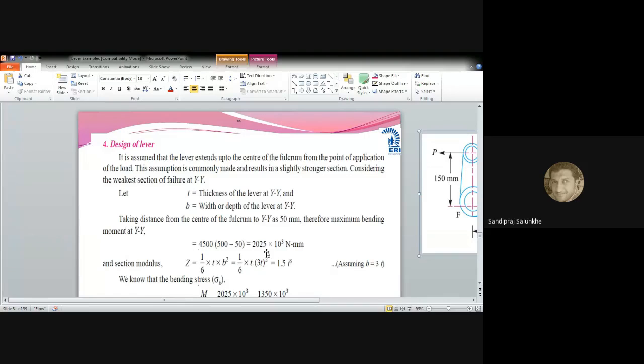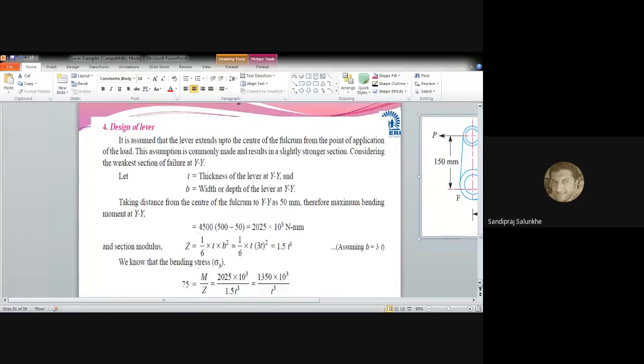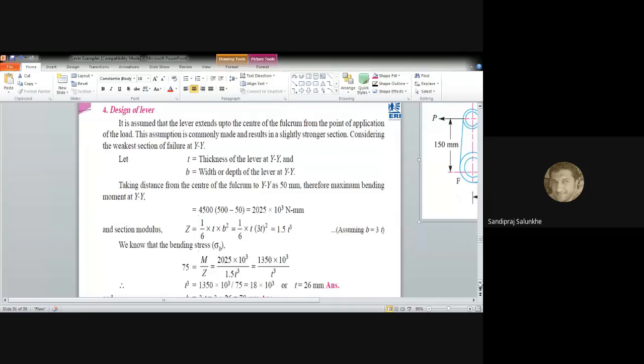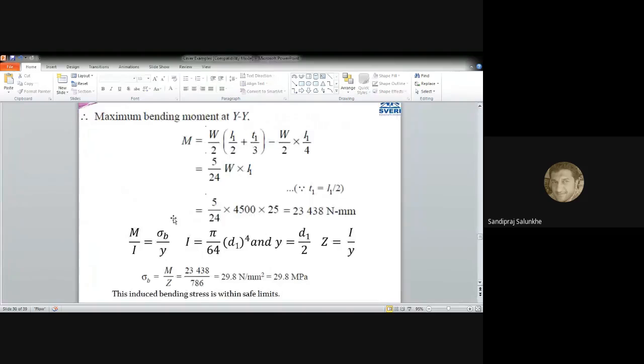Are you getting it? Now we just have to calculate the section modulus, as somebody has told, because here also we are going to use the same formula for calculating bending stress, and that formula is the replica of the formula which we have just now derived.